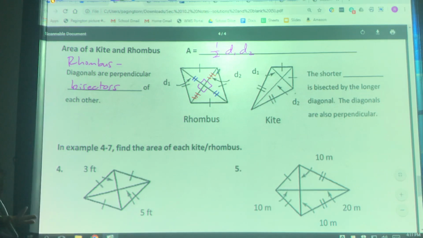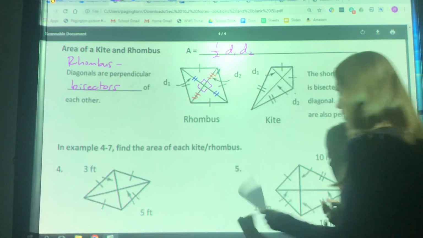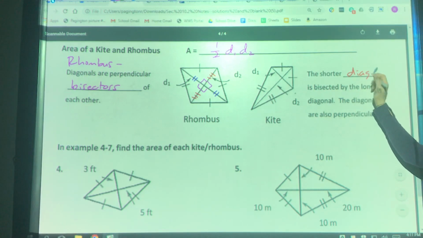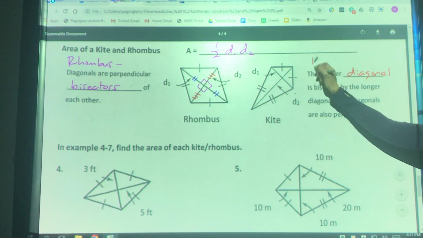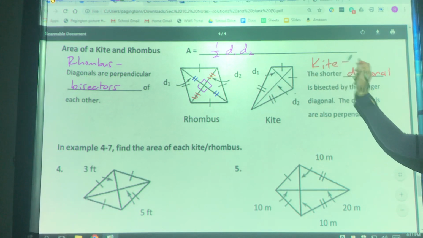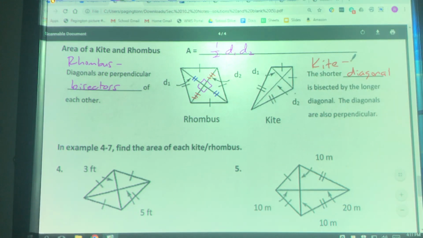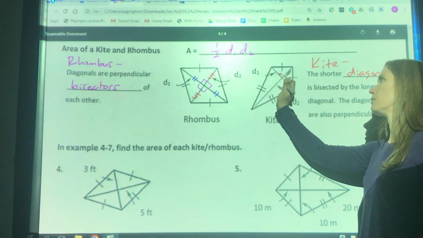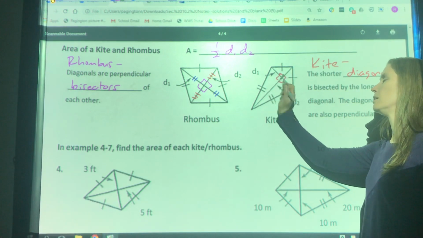All right, for the kite, a key thing over here is that the shorter diagonal, okay, and let's specify this as working for a kite. The shorter diagonal is bisected by the longer diagonal, and the diagonals are also perpendicular. So again, we know the diagonals are perpendicular, so I can put my right angle symbols in here.